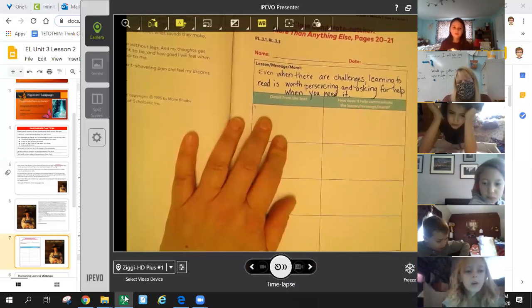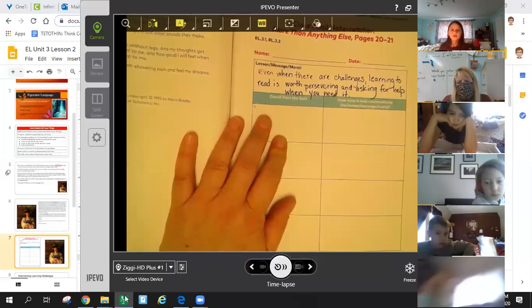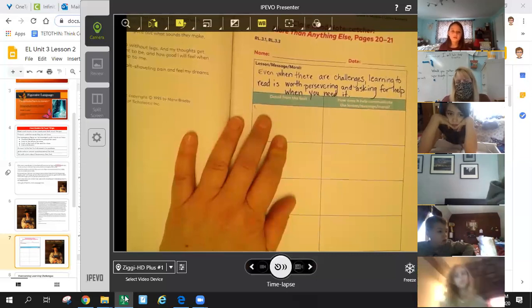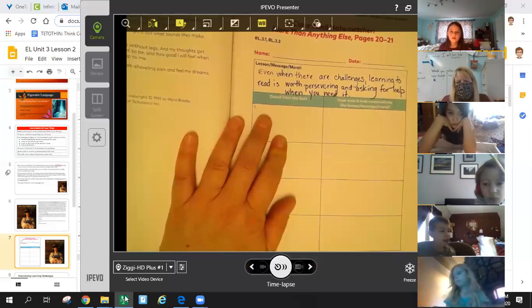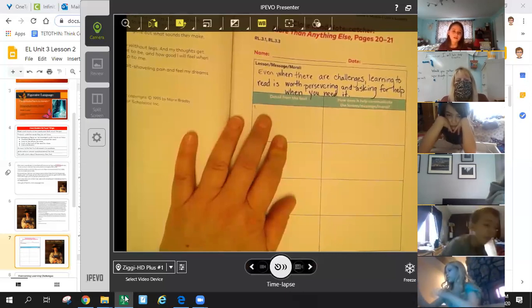I have to tell you, my first child would really get mad if she had a library book that I hadn't read yet, because she said, I can't read it. I don't know the words, because I hadn't read it out loud to her. She even refused to look at the pictures. And then eventually she went to preschool, she learned her letters.